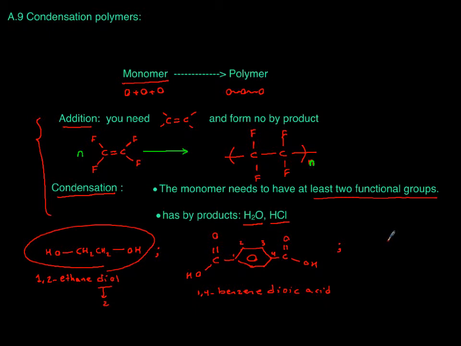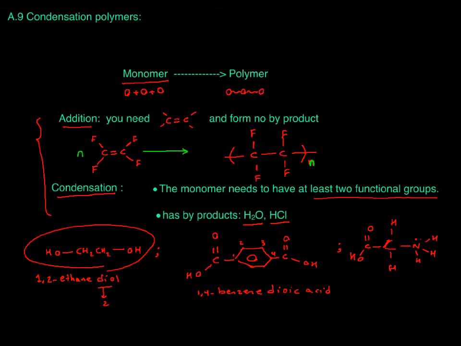For example, an amino acid. On one side you could have carboxylic acid, and on the other side you could have an amine group. So this is also a possible monomer that you can make into a polymer by condensation, and that's protein, because amino acids link up to do that.